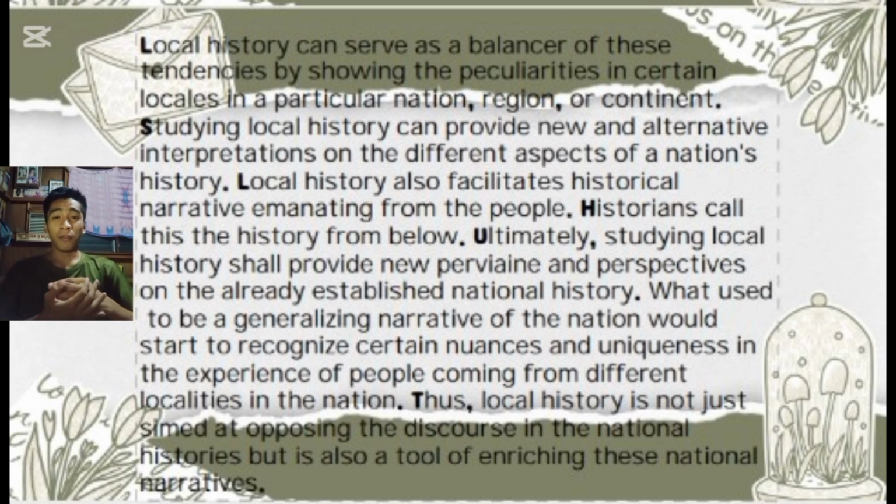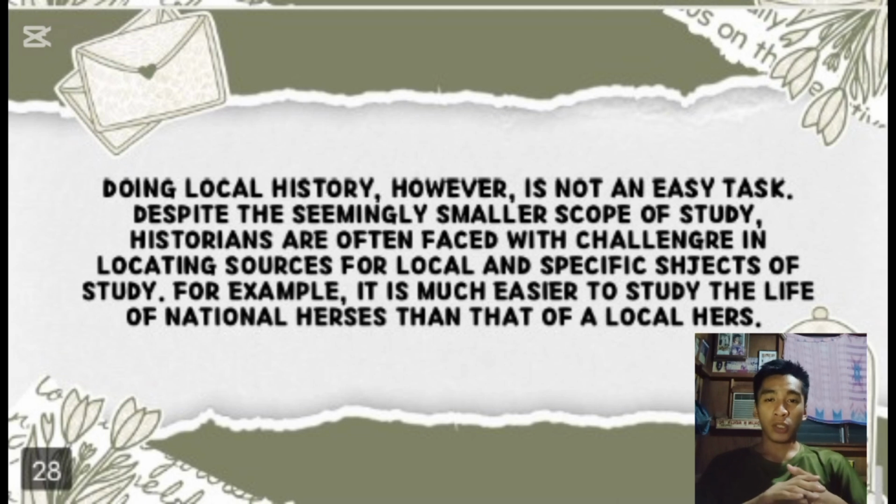Then we have the fourth one, which is doing local history. However, it's not an easy task. Despite the seemingly smaller scope of the study, historians are often faced with the challenge of locating sources for local and specific subjects of study. For example, it is much easier to study the life of national heroes than that of a local hero.